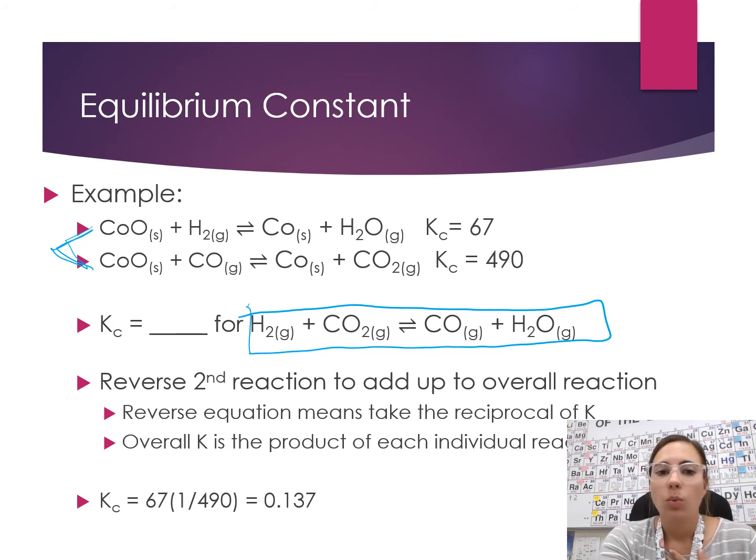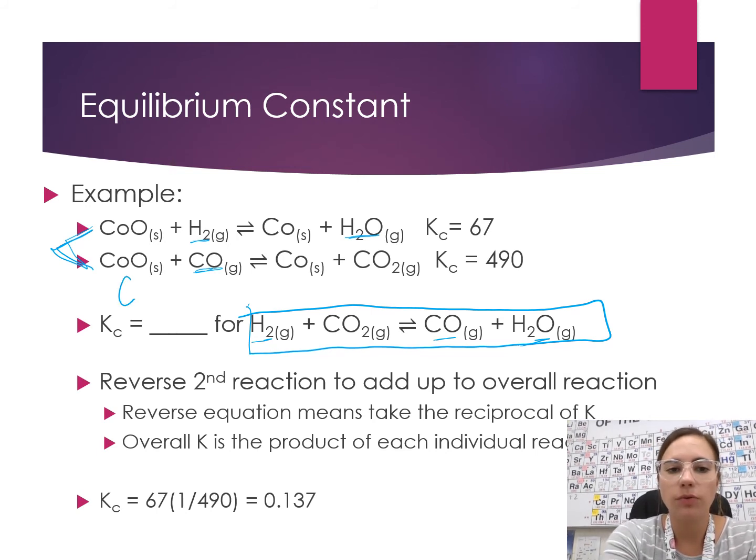Well, if I look here, H2 is a reactant, and it's a reactant in my overall, so that's good. H2O is a product, and it's a product in my overall. But if I look at the second equation, I have carbon monoxide as a reactant, but it's a product here. So I'm going to reverse this reaction and write it in the other direction.